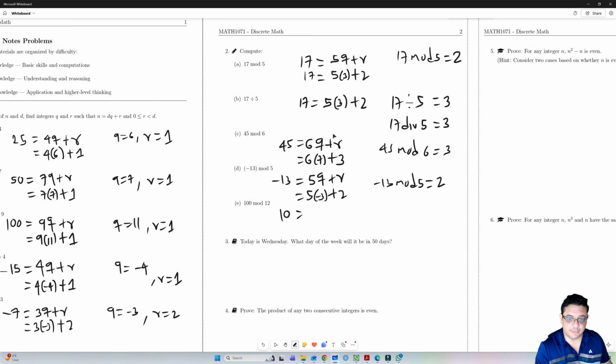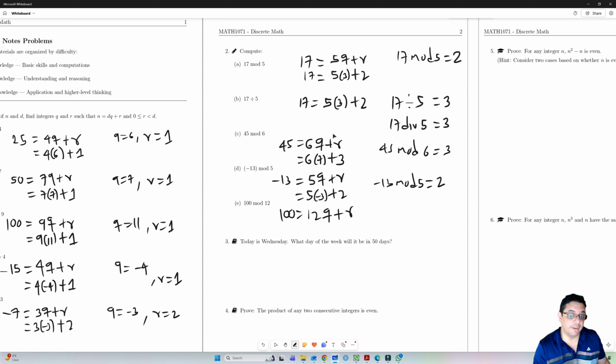100 mod 12. So 100 can be represented as 12 times q plus r. How many 12s are we going to need? We cannot have 10. Do we need a 9? 9 is beyond 100, so maybe with 8.